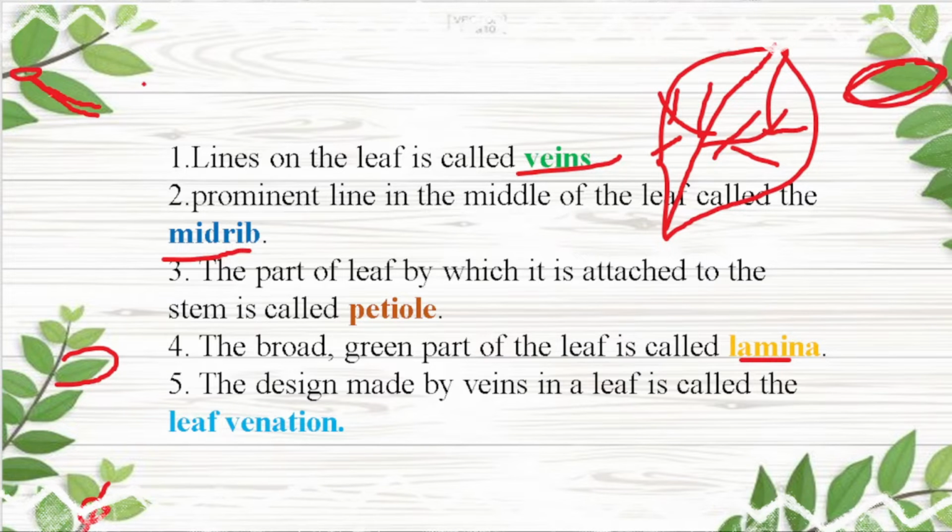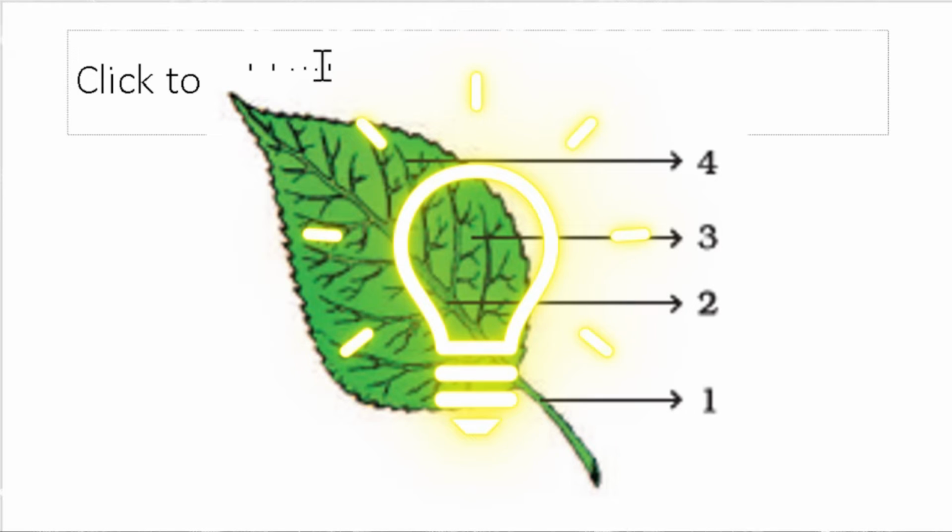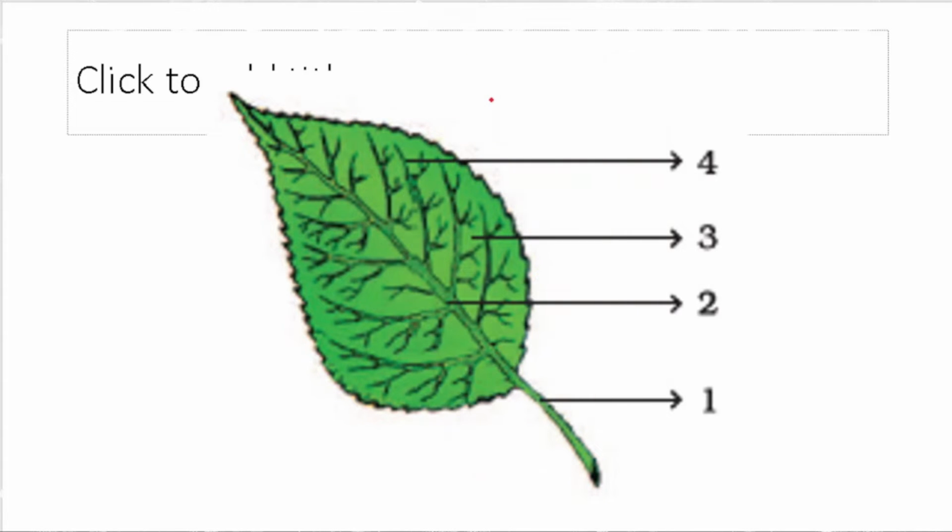Okay, there is an activity for you. We'll mark what the parts are called, like the first, second, fourth. Yeah, the first part is called petiole, isn't it? Because it attaches the leaf to the stem. Am I right or not? Yes.